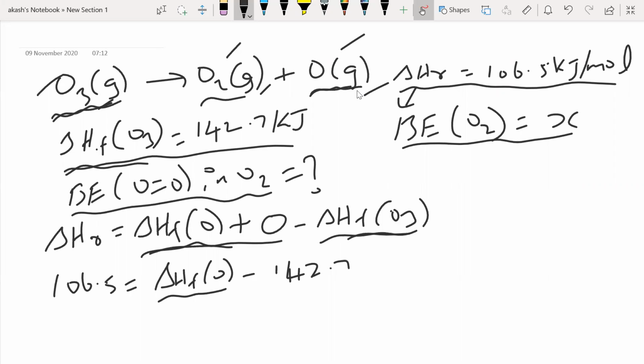You don't have to think so much about it. What is bond enthalpy? Bond enthalpy is basically enthalpy of atomization, right? So how will I write the reaction?